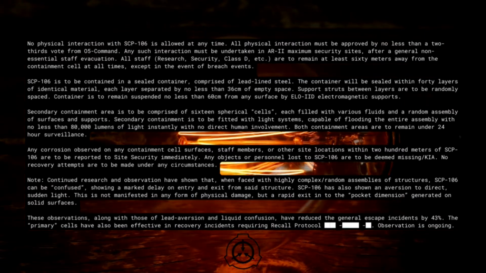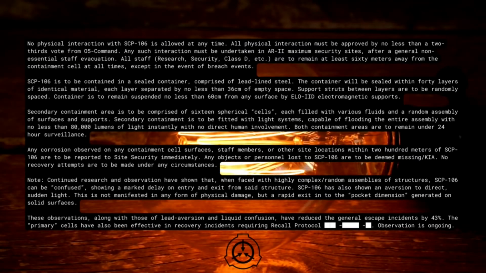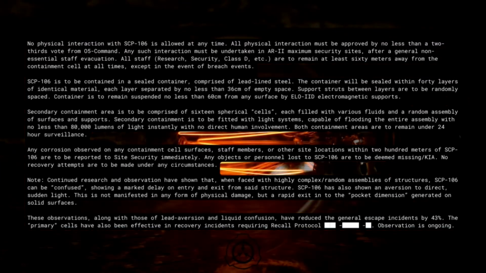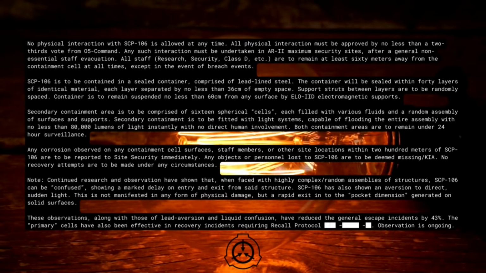This is not manifested in any form of physical damage, but a rapid exit into the pocket dimension generated on solid surfaces. These observations, along with those of lead aversion and liquid confusion, have reduced the general escape incidence by 43%. The primary cells have also been effective in recovery incidents requiring recall protocol.